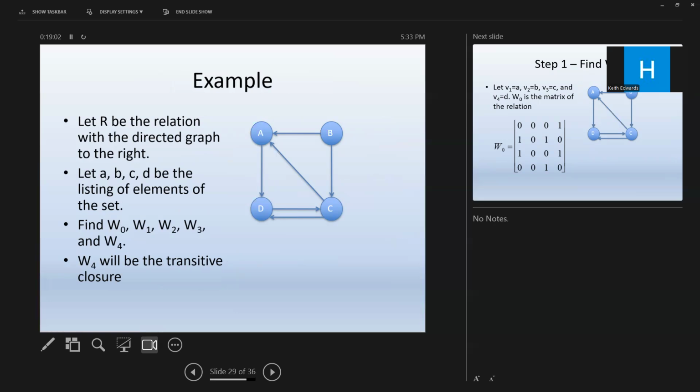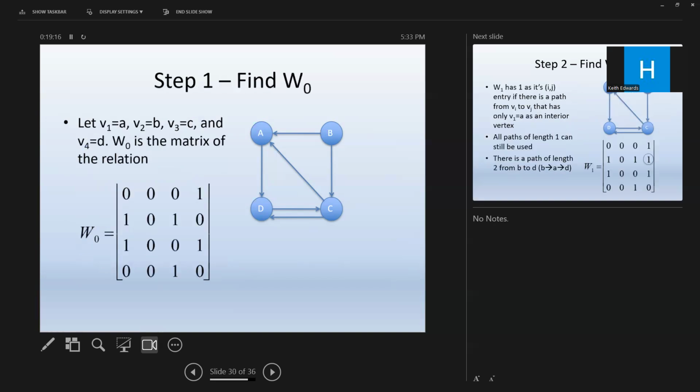Here's our relation represented as a graph. We'll let A, B, C, and D be the listing of the elements of the set. We'll find W0 through W4, and W4 is going to be our transitive closure. So we start with V1 equal to A, V2 is B, V3 is C, and V4 is D. W0 is the matrix of the relation.